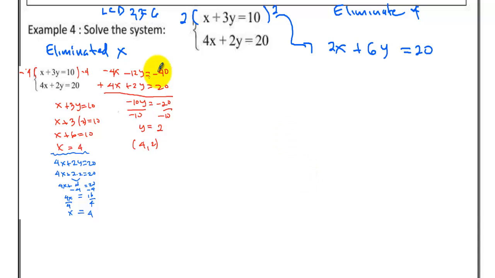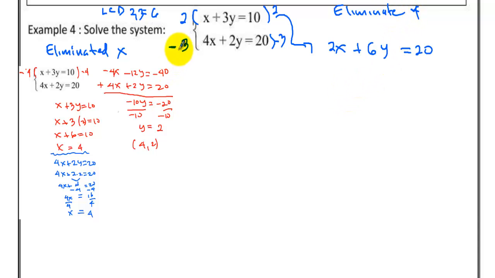Okay, now how can we make this equal to 6? Multiply by 3, correct? But then I think it's better if we multiply this by a negative 3, so that we'll end up getting a negative 6y here, and then once we add the two equations, the y variable will be eliminated.